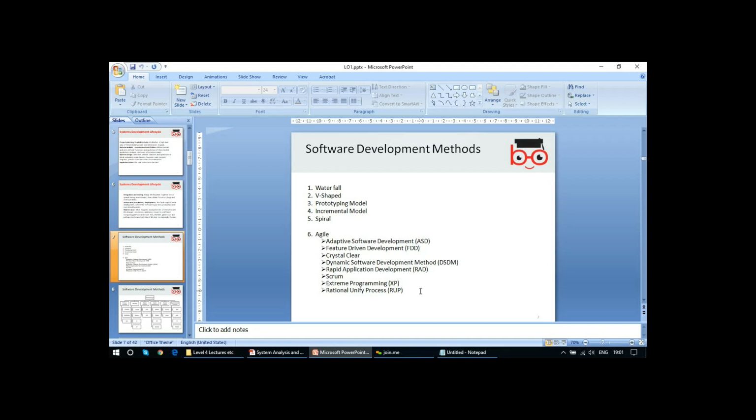These processes have been used by very senior developers, even teams of developers, maybe at Microsoft, at the company level.